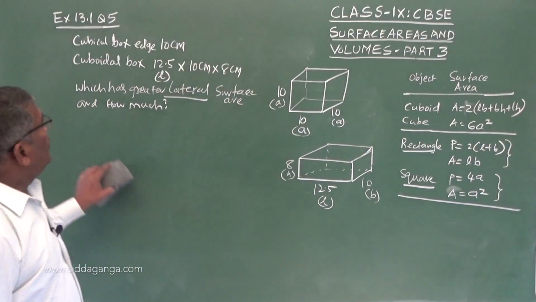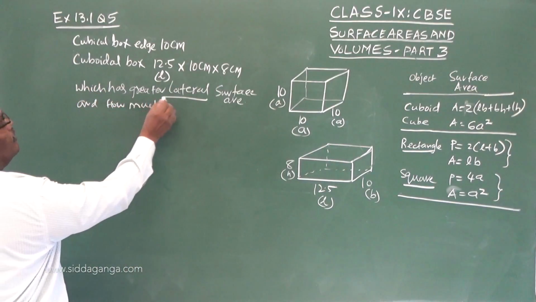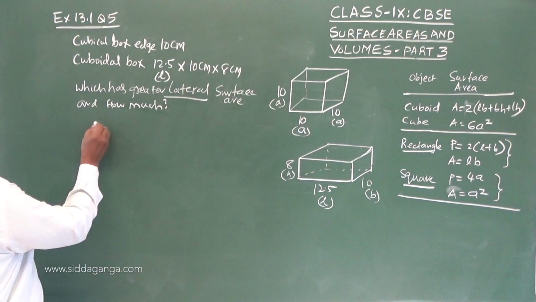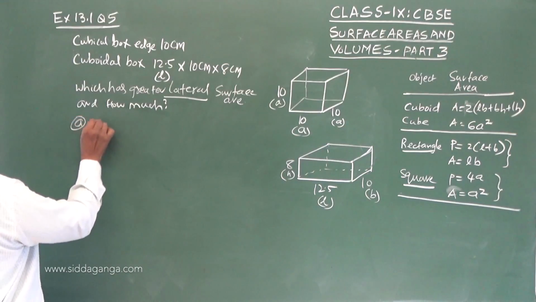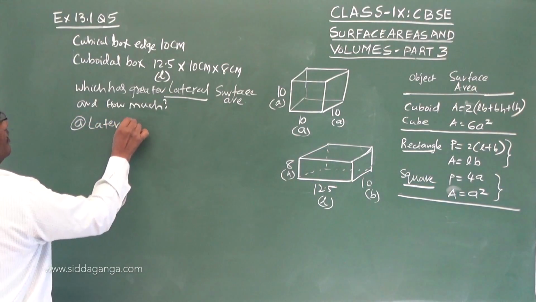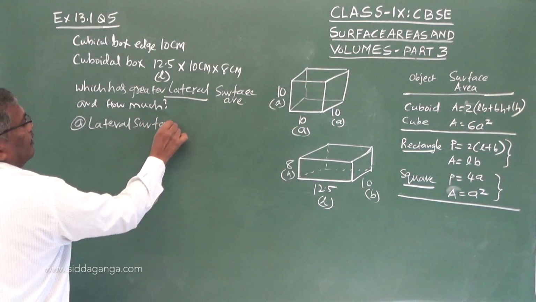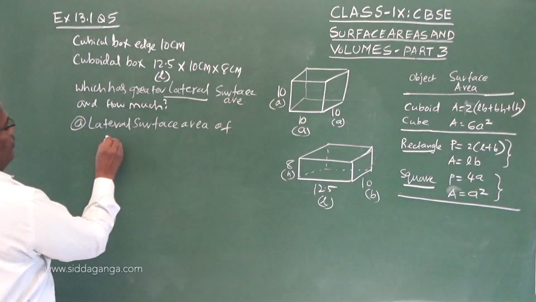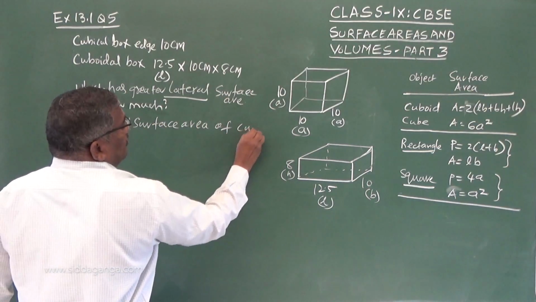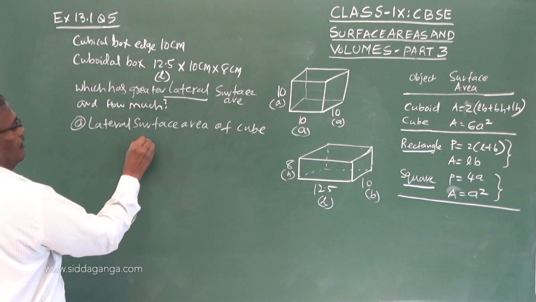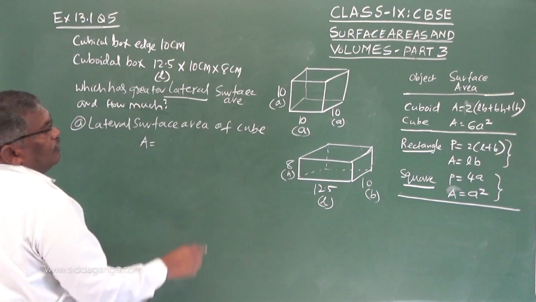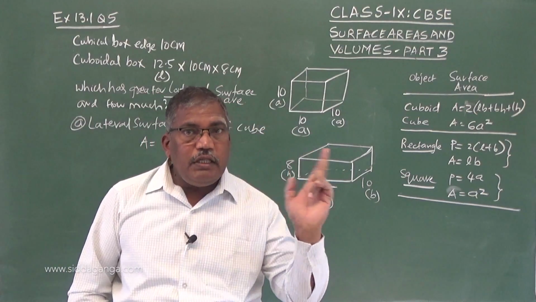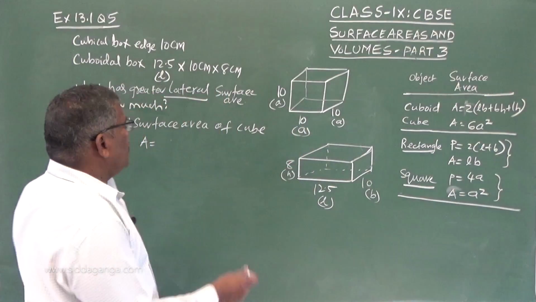Now first lateral surface area, let us compare. Lateral surface area of cube equals, see, we know that lateral surface area means we have to exclude the top and the bottom, only the four walls we have to take into consideration.